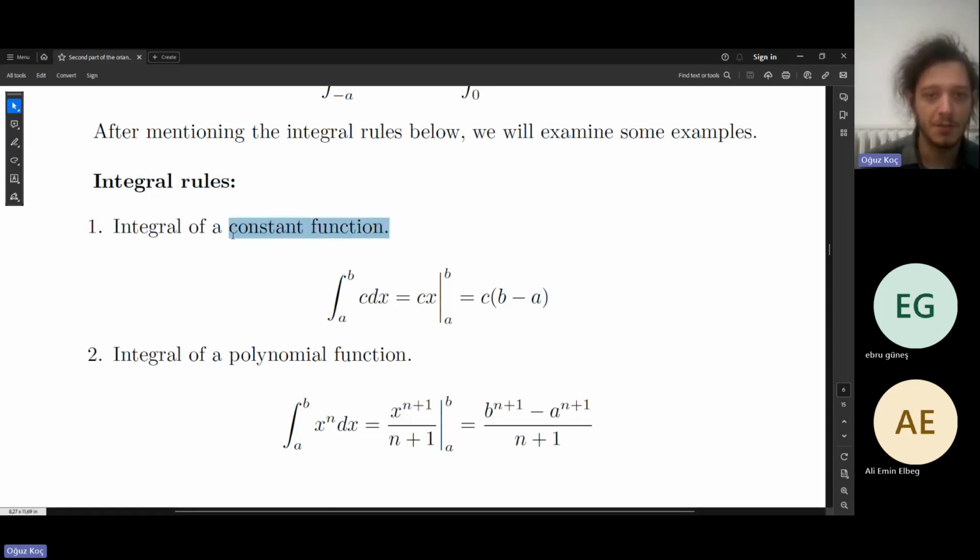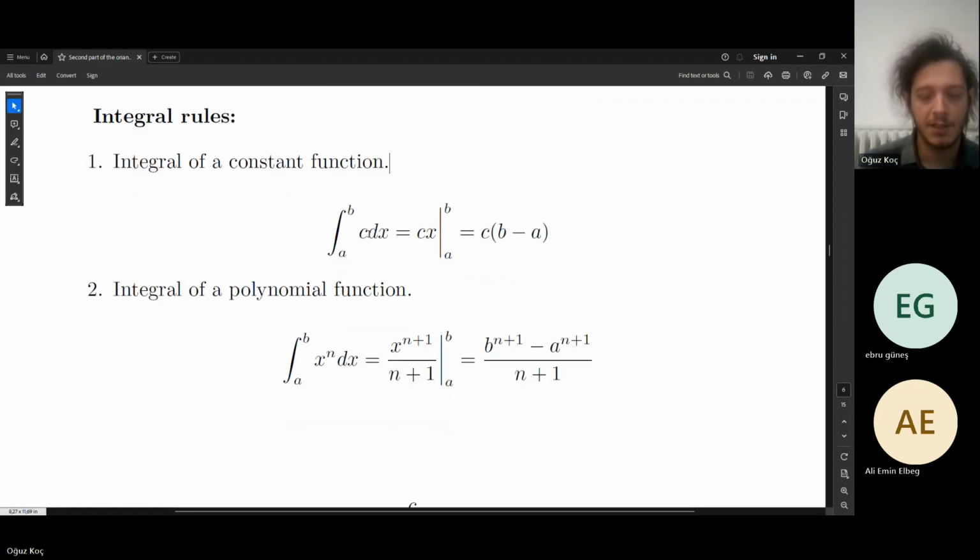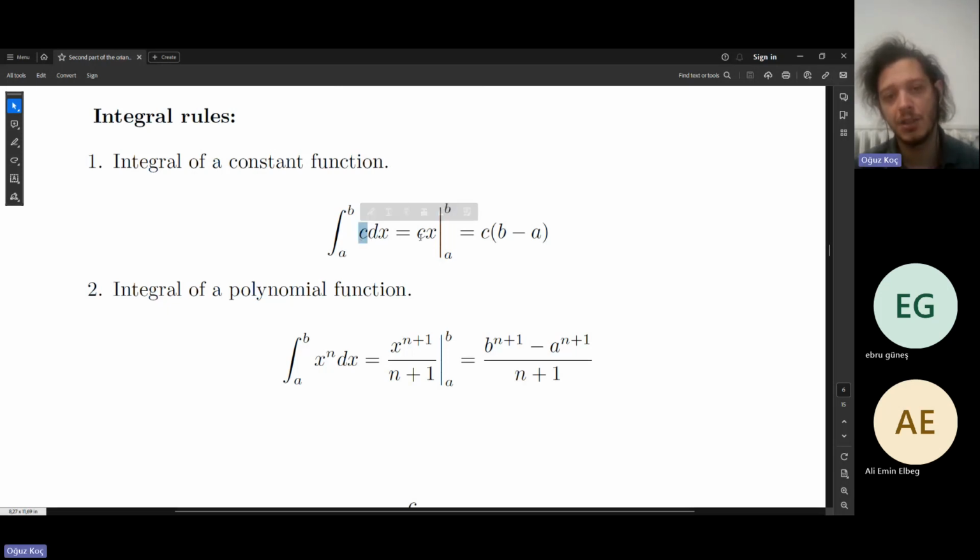Integral of a constant function. When you think of taking integral, it's almost the opposite of taking derivatives. When you take the integral of a constant, here we just have c times x, and when you take the derivative of the x, it gives you just c here.